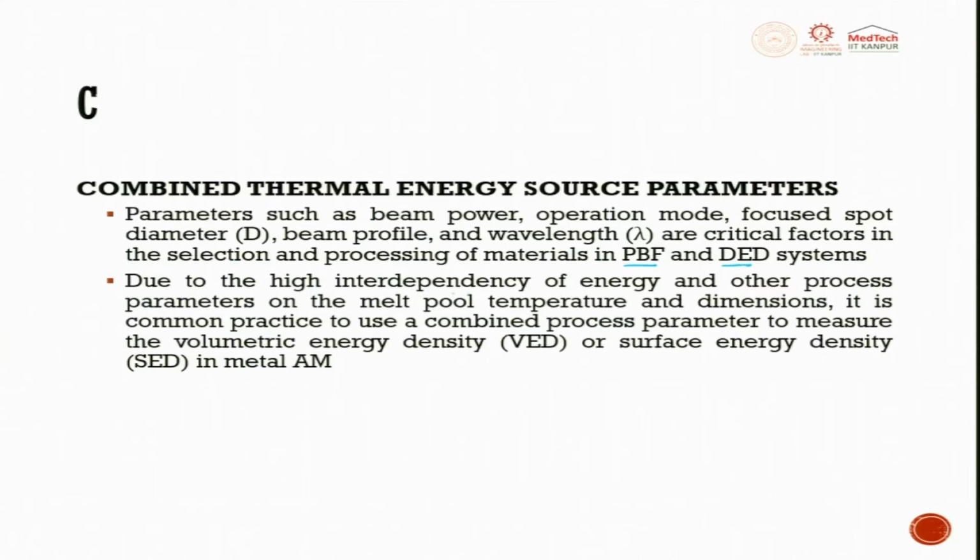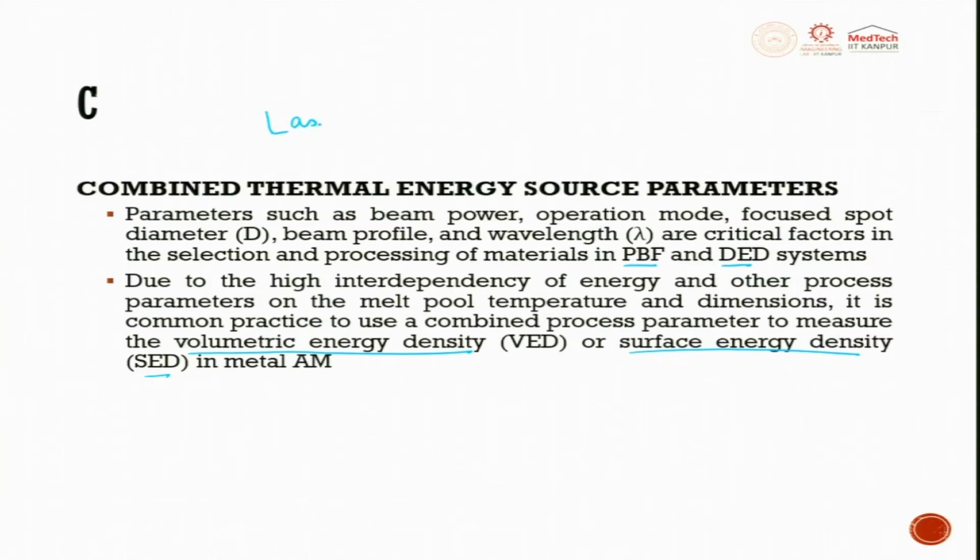Due to the high interdependency of energy and other process parameters on the melt pool temperature and dimension, it is a common practice to use a combined process parameter to measure the volumetric energy density or the surface energy density in metals. So, you see here they are trying to use two thermal sources, combined thermal sources.